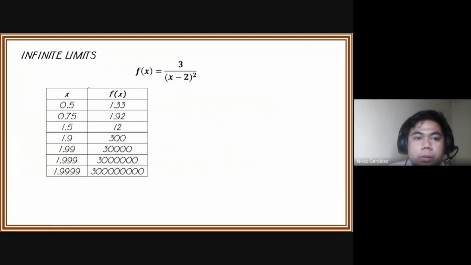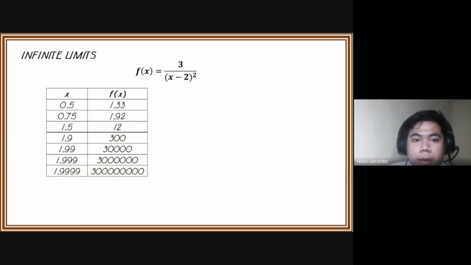So let's see what f of x becomes. For example, x approaches from the left. So we have 0.5, 0.75, 1.5, 1.99, 1.9999.